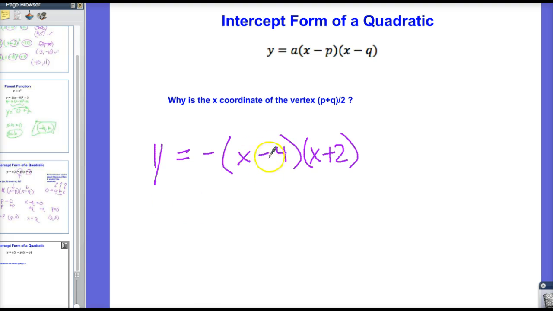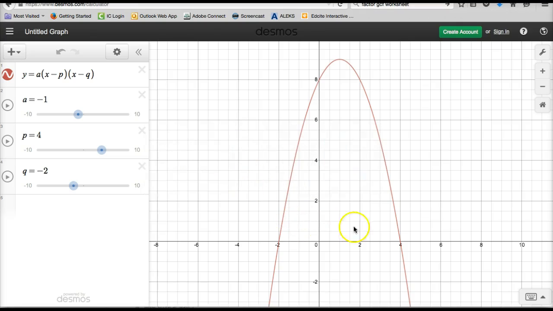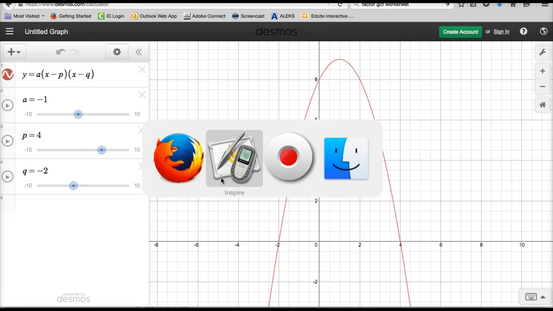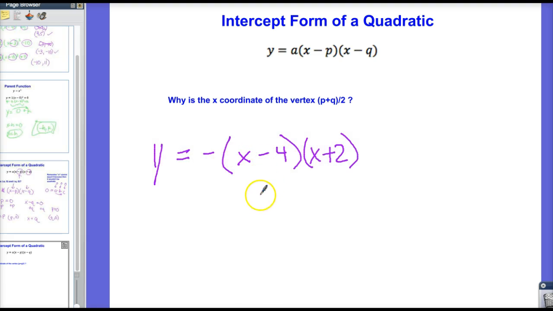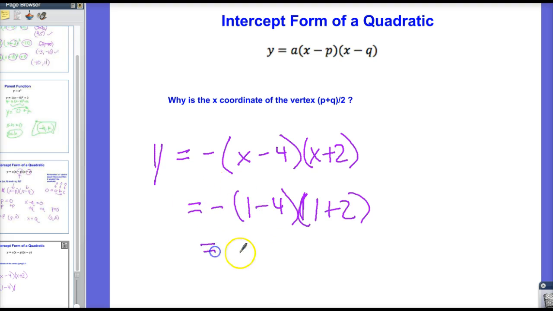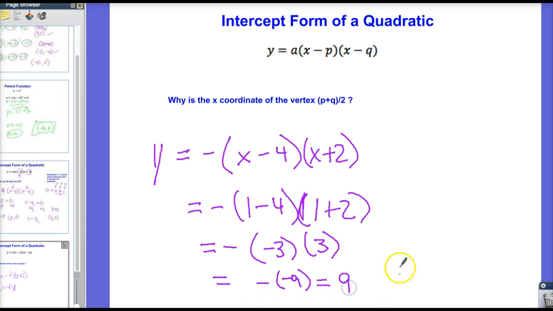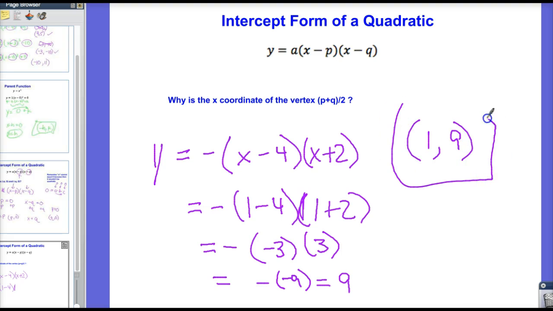Notice I switched the signs here, because if it's 4 and negative 2, it has to be the opposite to go back in, just like when they came out. So I can take 1 and plug that on in. That equals negative 3 times 3 is negative 9, but that's a negative out front. So it's just positive 9. So I know now 1, 9 is my vertex.